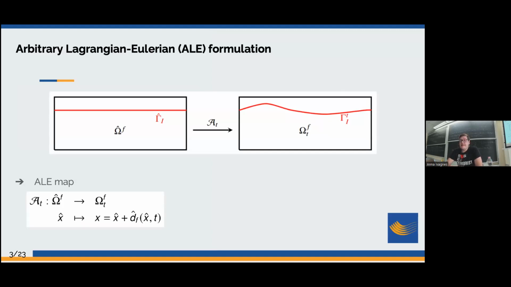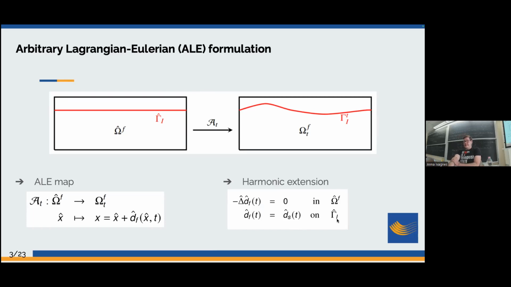This map is defined as follows, where we introduce a new variable which is called the fluid displacement. In our case, we decide to describe the fluid displacement as a harmonic extension of the structure displacement on the interface.